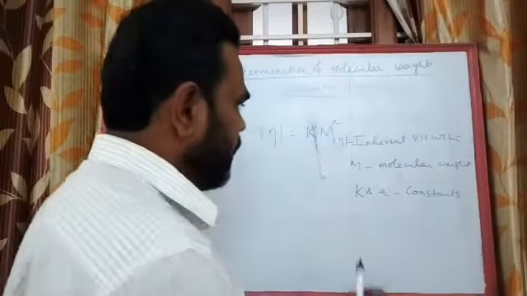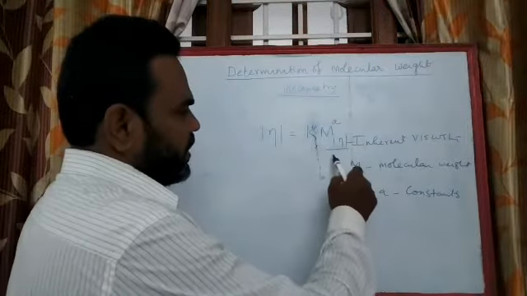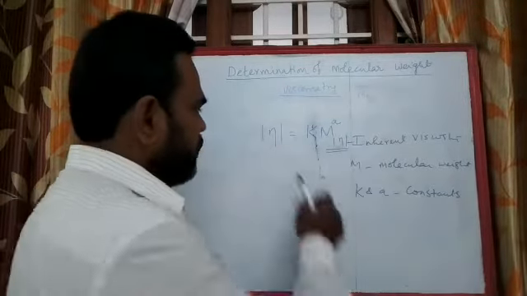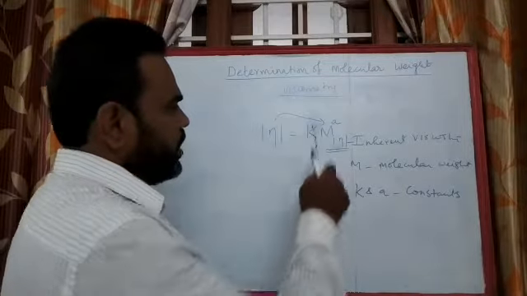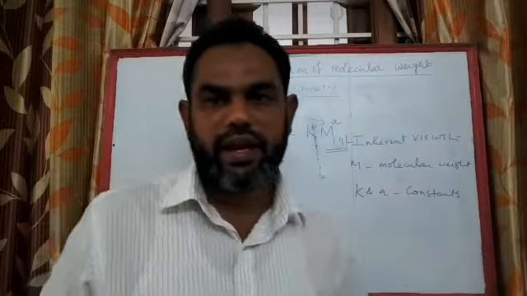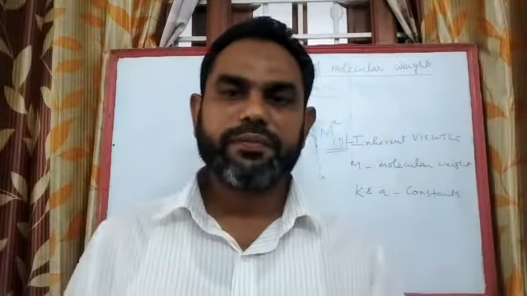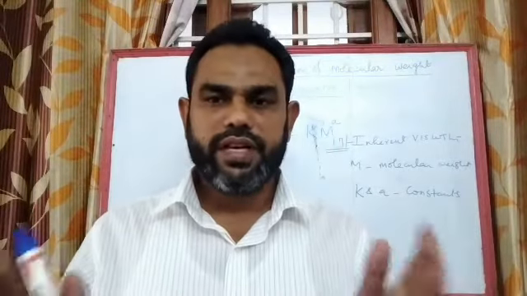The only thing you have to measure is the intrinsic viscosity. If you measure the intrinsic viscosity, you can very easily calculate the molecular weight of a polymer. So measuring the intrinsic viscosity is the objective of viscometric measurements.